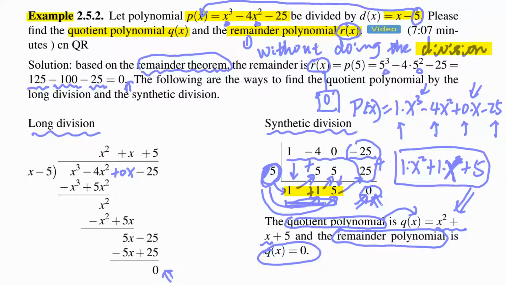Negative 5 times x squared is negative 5x squared, but again we put the opposite sign here because we need upstairs minus downstairs. And then to cancel x cubed, we get 5 minus 4, which is 1 in front of x squared. Okay.